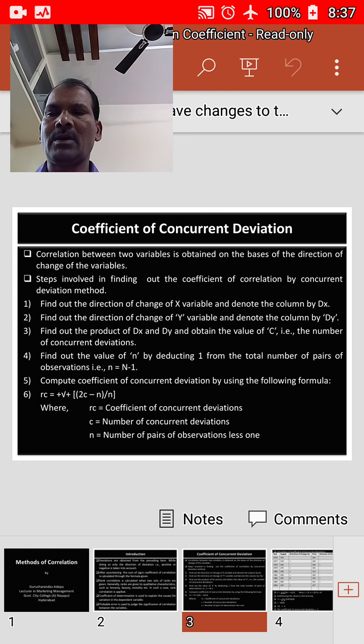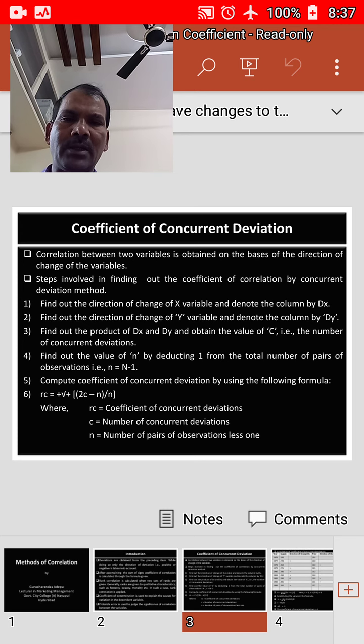In the fifth step, compute the coefficient of concurrent deviations by using the formula that is given in the PPT.